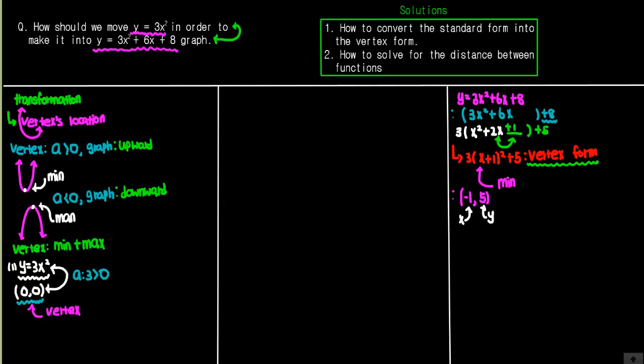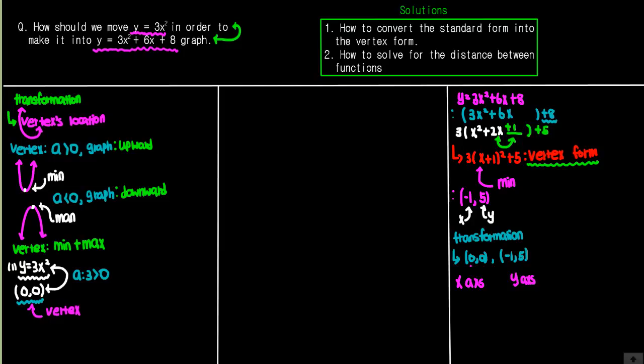So for the transformation of two functions, the first function's vertex was (0, 0), and the second one's vertex was (-1, 5). They probably moved it along the x-axis and also toward the y-axis.